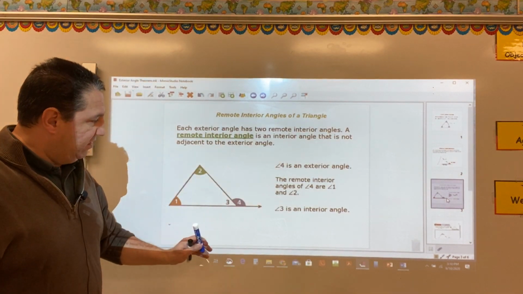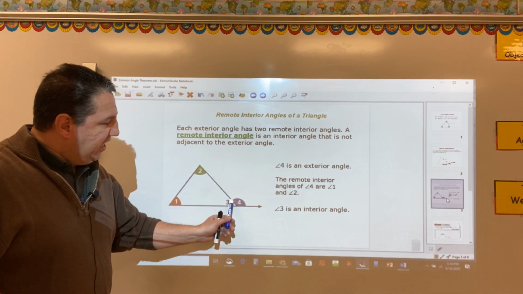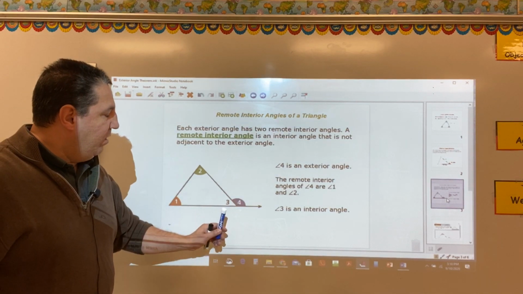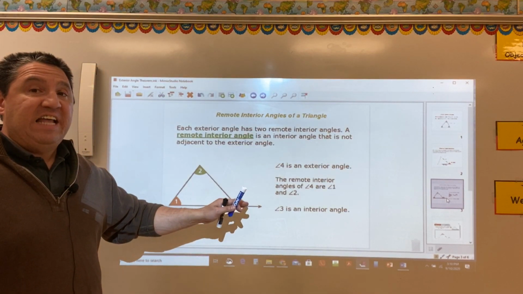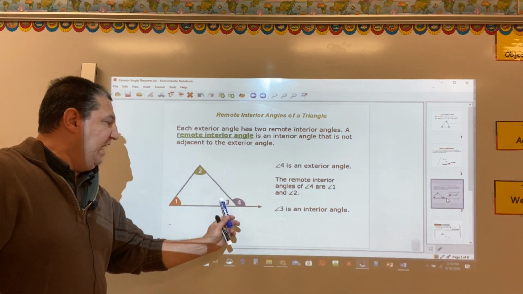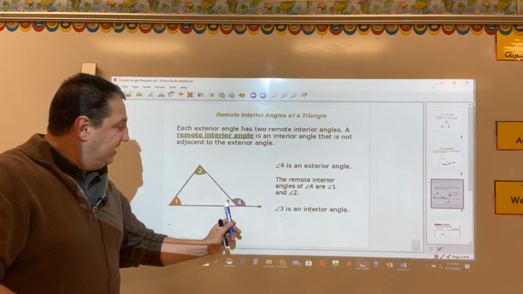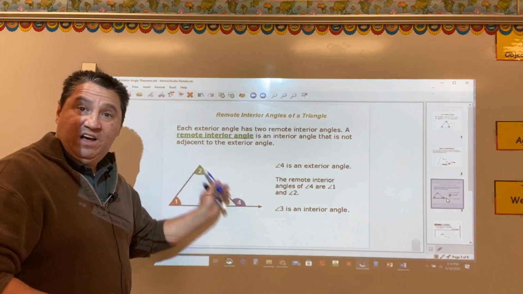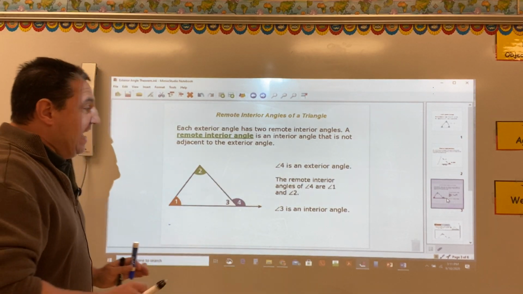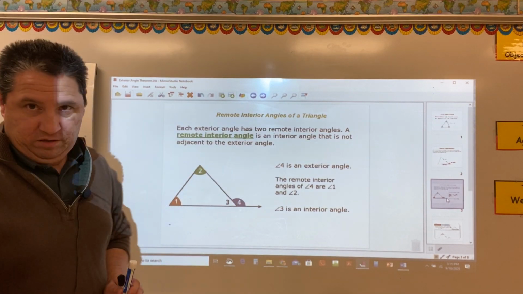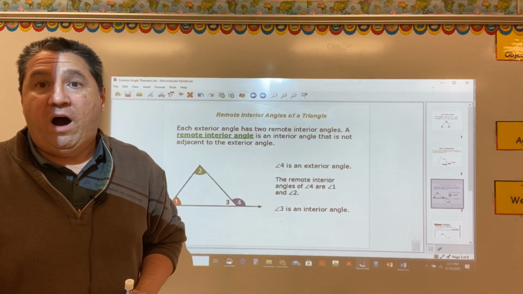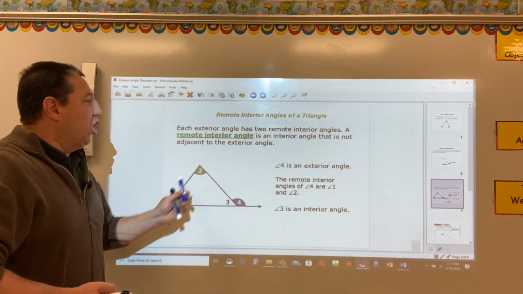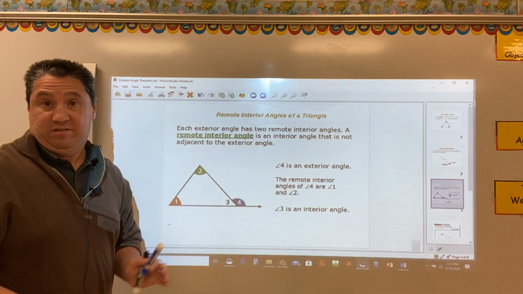For example, in this case, the exterior angle is 4, because it's outside the triangle. The angle that is adjacent to 4 is 3. Why? Because 3 and 4 share the same vertex and the same side. Now, the other 2 angles are not adjacent. Because they are not adjacent, they are called remote interior angles.